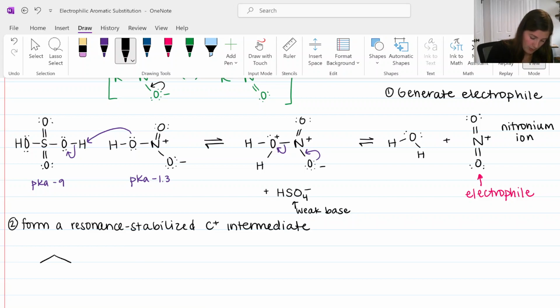So now we're working with our benzene starting material. We have our stronger electrophile, the nitronium ion. This nitrogen is electron deficient because it has two oxygens that are pulling electron density away from it.